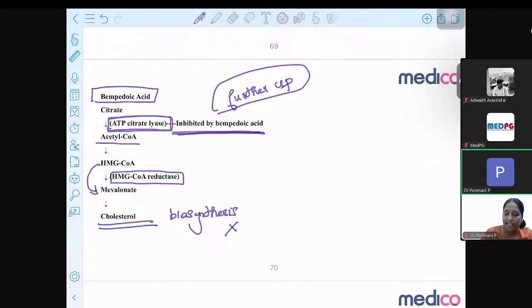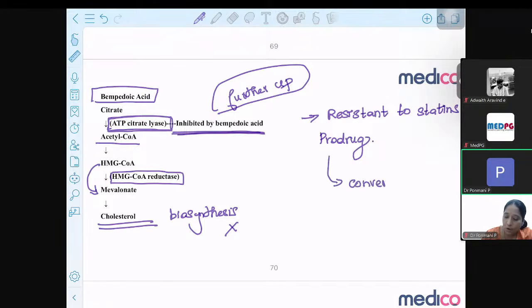What is the specialty of this drug? This specialty is that it can be given to patients who are resistant to your statins. And another specialty is that this bempedoic acid is a prodrug. Okay, so when you're giving, this drug will be converted into active drug only in the liver with the help of an enzyme.